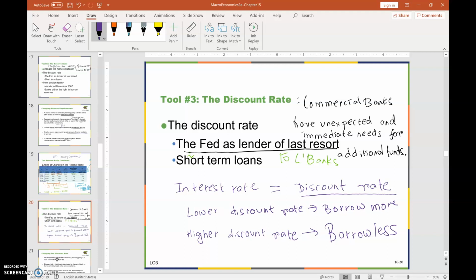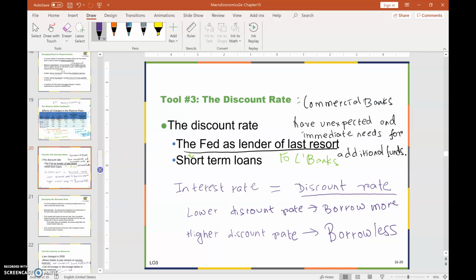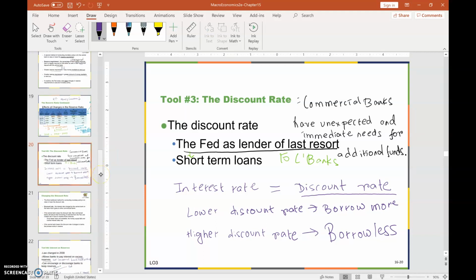Lower the discount rate, the commercial banks will borrow more money from the Federal Reserve Bank, and higher the discount rate, the commercial banks are going to borrow less money from the Federal Reserve Bank. So when the discount rate is lower, money supply in the economy increases. Discount rate is high, money supply in the economy goes down.